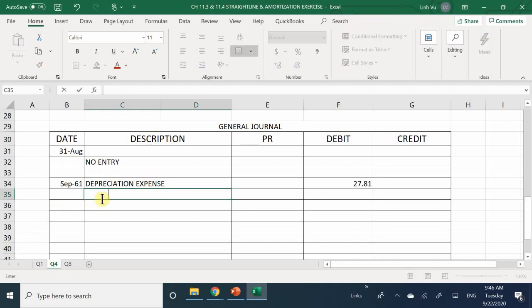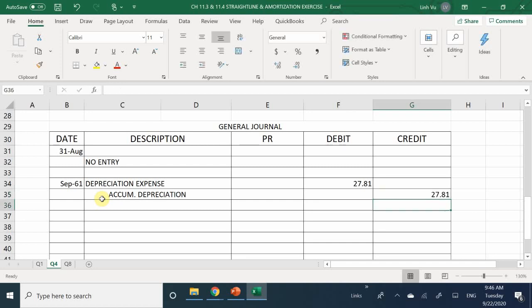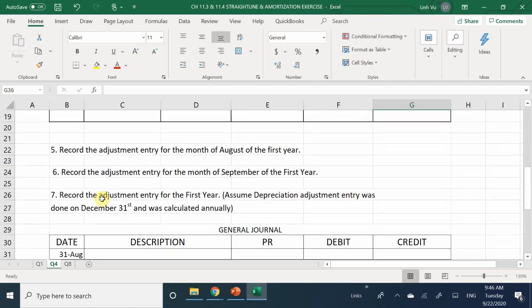The same amount, 2781, accumulated depreciation. Accumulated depreciation, and we're going to say for the $27.81.